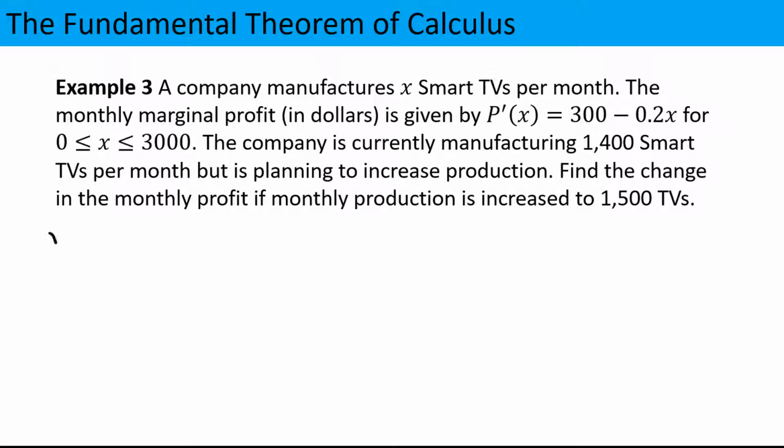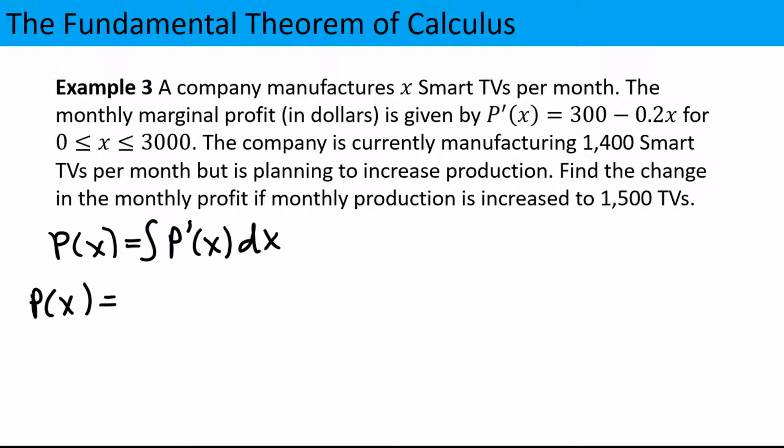So in order to find the actual profit, we will need to integrate the marginal profit function. So P of x, and for the change we're looking for, we're going to start at 1,400 and increase to 1,500 TVs for the function 300 minus 0.2x dx. Let's find the antiderivative.